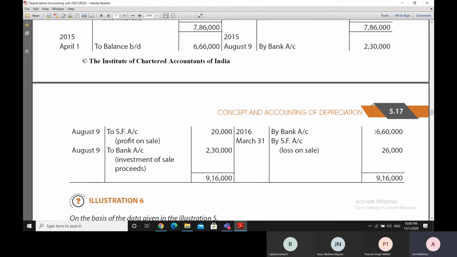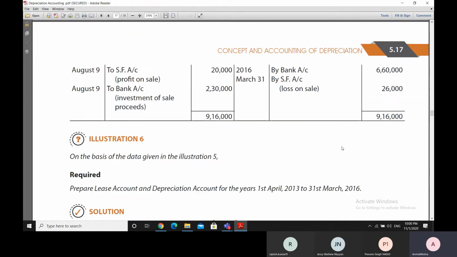And after having done all that, we realized that we have made a total loss on the sale of the assets of 26,000 rupees, and that we are crediting the sinking fund investment account with the loss on the sale of the assets and debiting the sinking fund account.